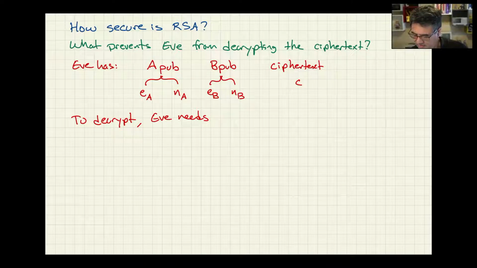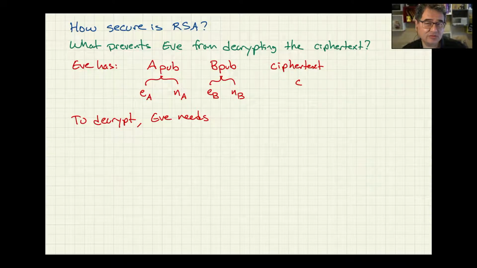And which D does she need? Does she need Alice's D or does she need Bob's D? Remember, in this case, Alice has sent a message to Bob, right? And Eve is trying to decrypt that ciphertext that Alice sent to Bob. So she has these 5 numbers.